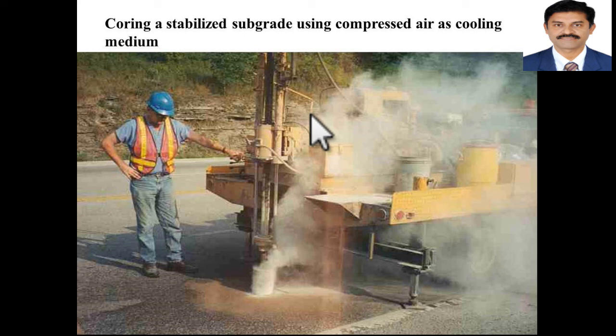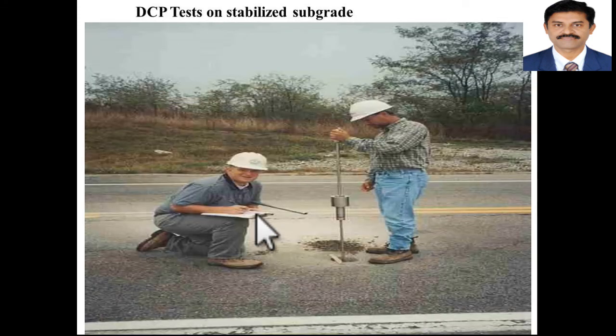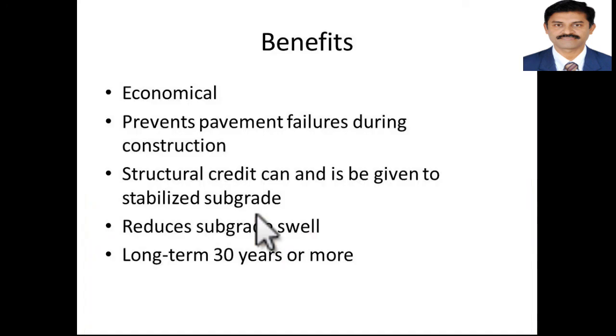The cores are taken because it is already hardened, so you may not be able to do any kind of compaction control test. So you drill the samples from the field, using coring machines. Then dynamic cone penetration test can also be done on the subgrade. So this is another picture of that.